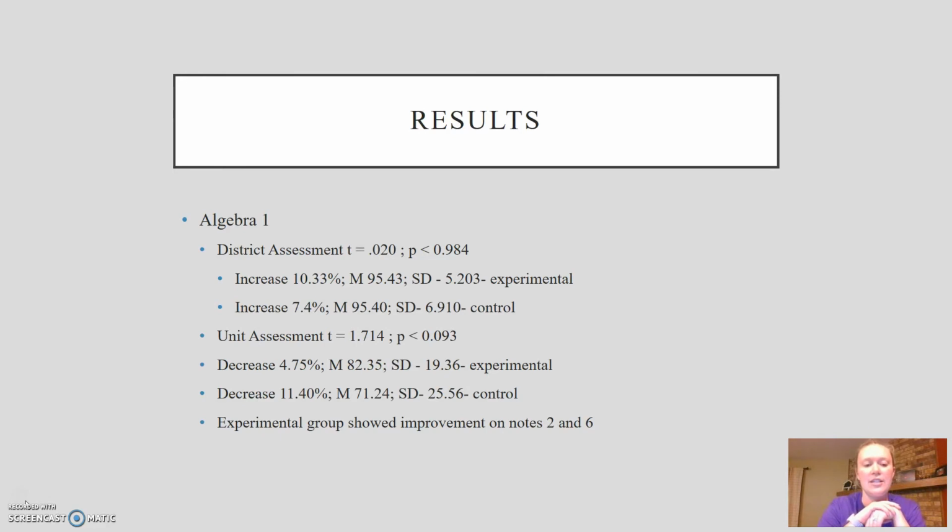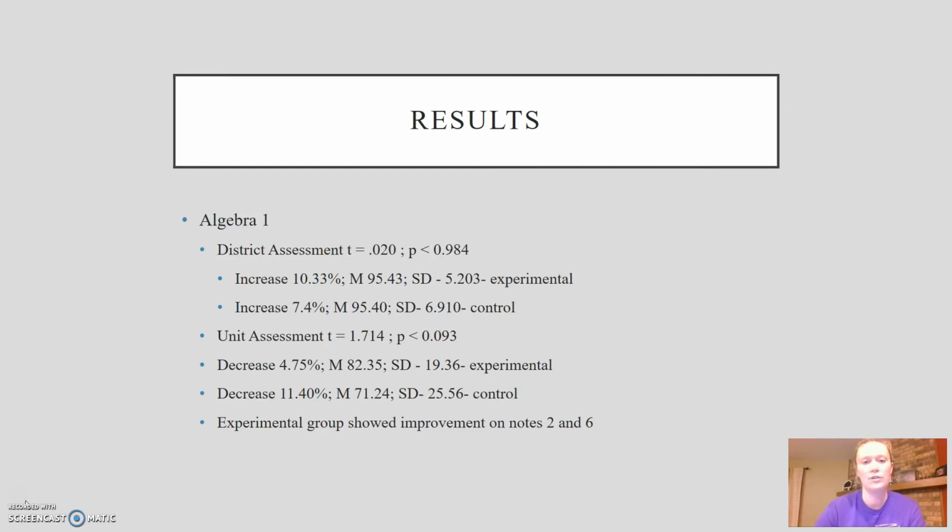So I couldn't say that for this case. For the unit assessment, unfortunately, the means decreased, which is not what we wanted to see at all. I did write those means down. The experimental group did have a higher mean, but since it decreased from the pre-test to the post-test, we can't really say that, yes, this did work.